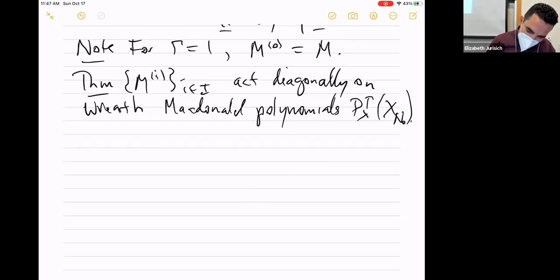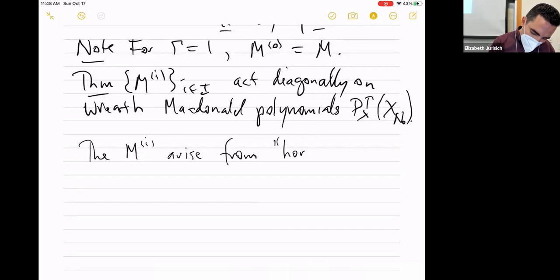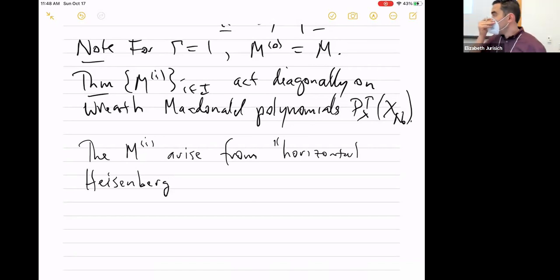So I don't have much time, but I just want to say, just to give you an idea where they come from, the M_I arise from what's called the horizontal Heisenberg, which is just a commutative algebra, actually.